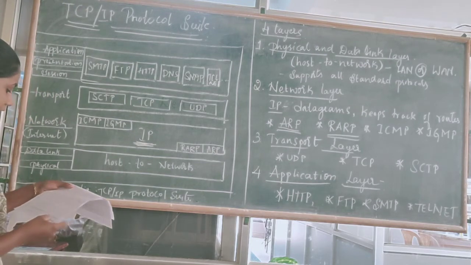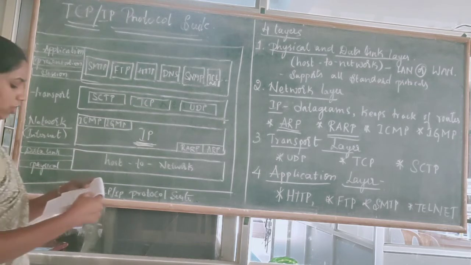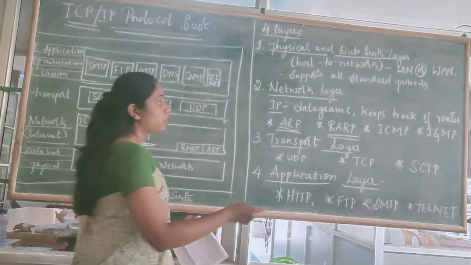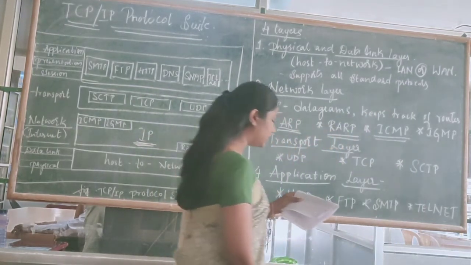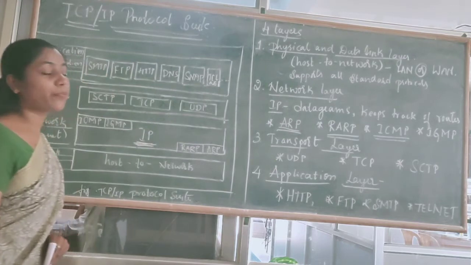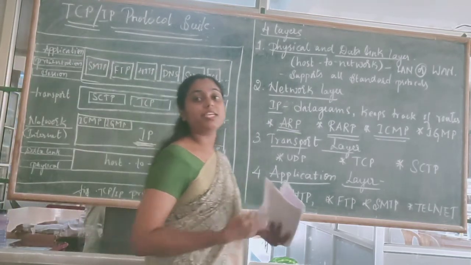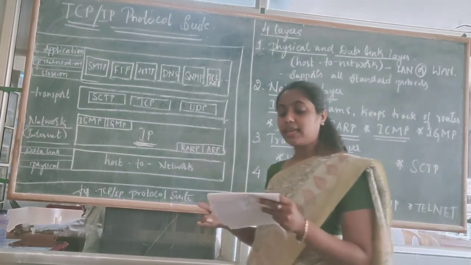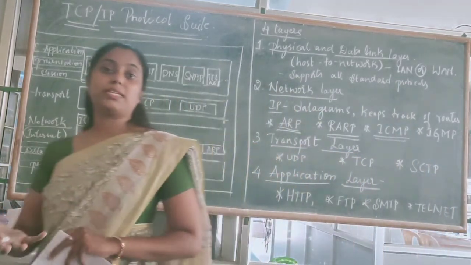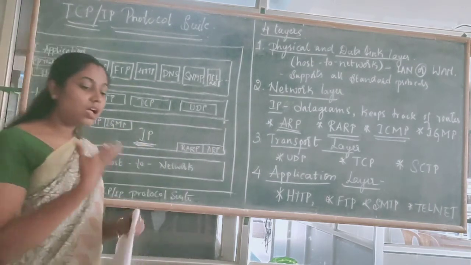ICMP, right? ICMP stands for Internet Control Message Protocol. So in Internet Control Message Protocol, what happens is you can send any error reporting message, or you can send any queries. Queries means questions.